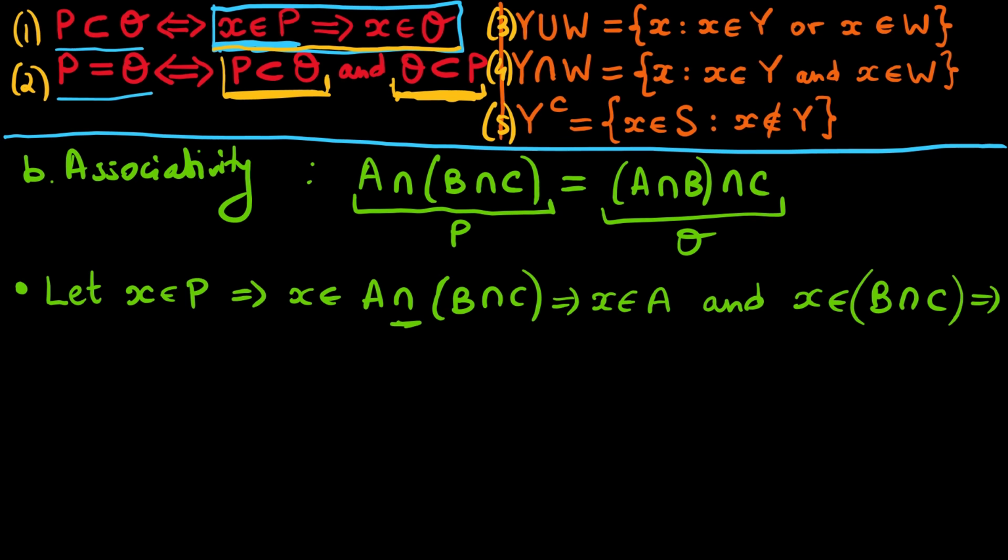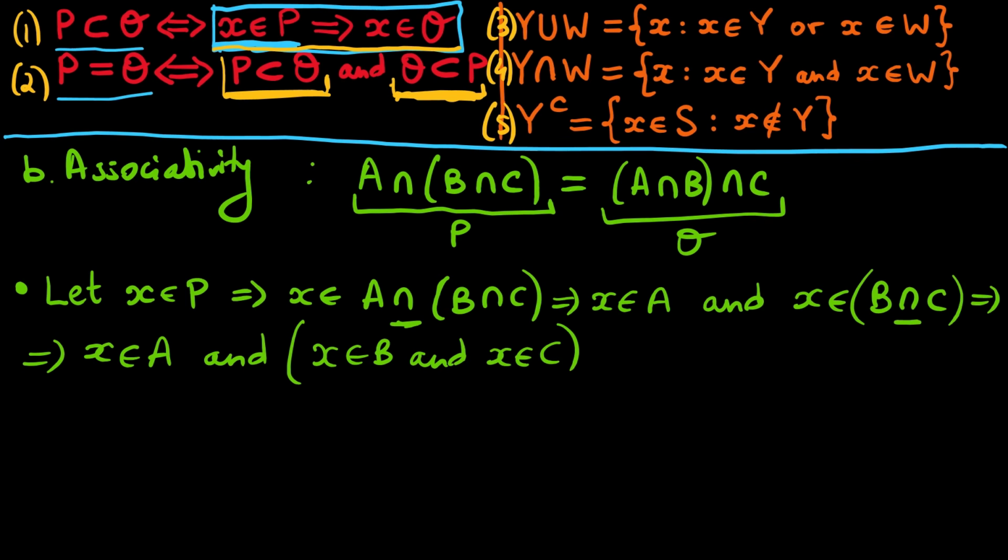Okay. Now there's one more thing to unpack. We have to unpack what this intersection is, and we see from definition 4 again that x must be an element of B and x must be an element of C. So you see again we've gone down as far as we can to this level of ands and ors, and so this parenthesis here plays no role, right?